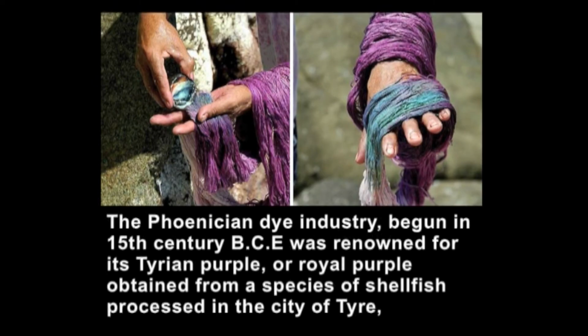The Phoenician dye industry begun in 15th century BCE was renowned for its Tyrian purple or royal purple obtained from a species of shellfish processed in the city of Tyre, which produced a range of colors from red to blue, including violet.